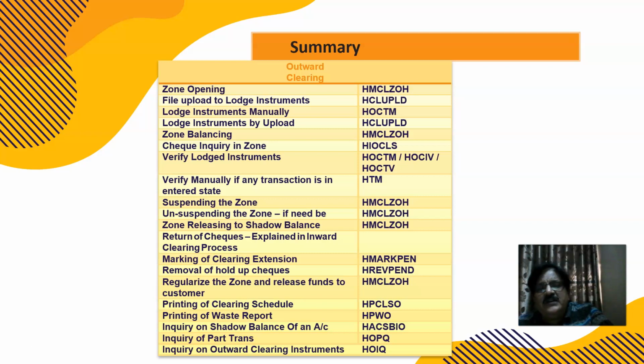Verifying lodging of instrument, HOCTM, HOCIV, area, HOCTV, mass verification. Verify manually, HTM. So first you have to suspend the zone. In case need arises, you can unsuspend. Then you release the shadow balance.